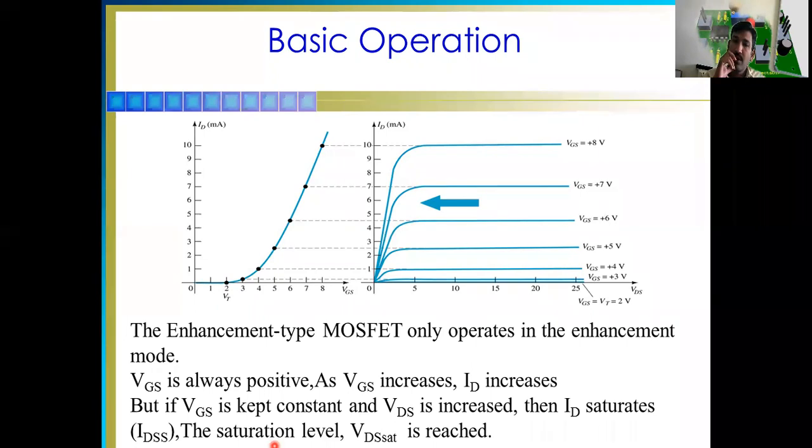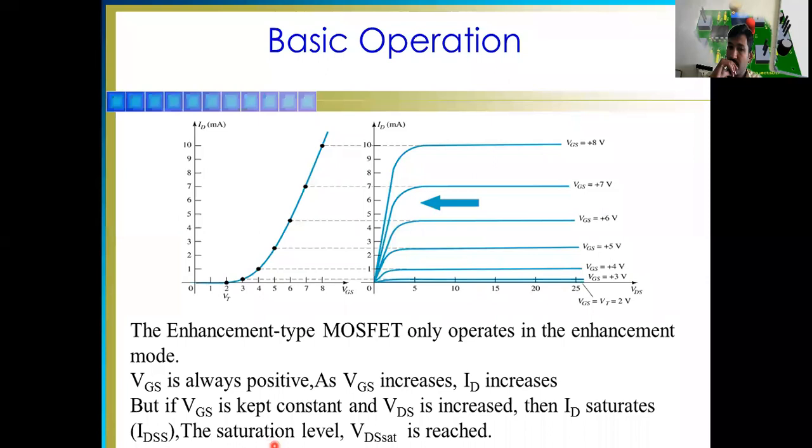So we have seen the characteristics just now: where is the saturation, where is the active region and where is the cutoff region of the MOSFET, right? And another name of the active region is pinch off, very good, pinch off. So now when VDS increases, then ID goes into the saturation region, right?